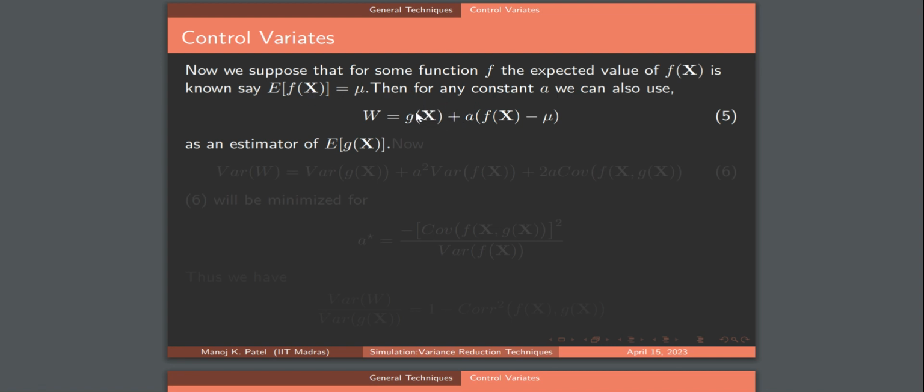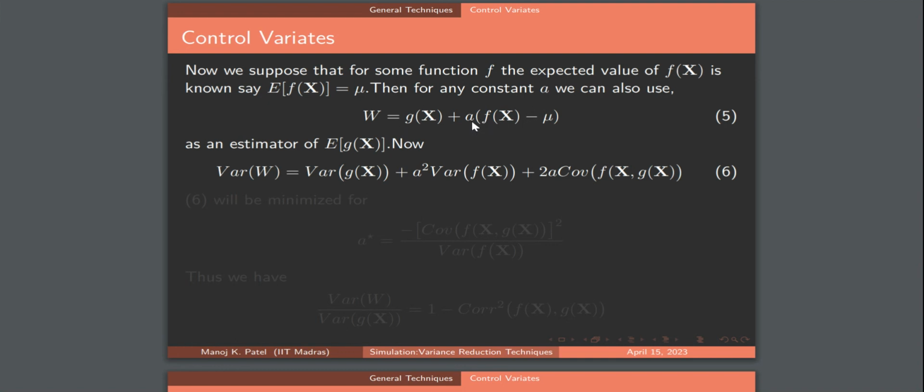If we have a function whose expected value is known, then we can use this W as an estimator of g(X) which has lower variance than g(X), because the expected value of W is nothing but the expected value of g(X).